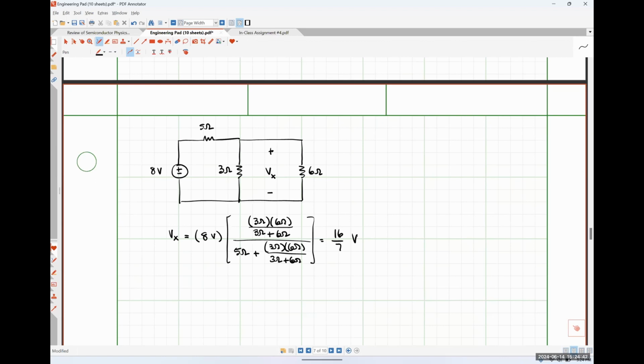Homework set number 3, problem 4. Let me pull it up on WebWork on this computer so that you guys can see it.